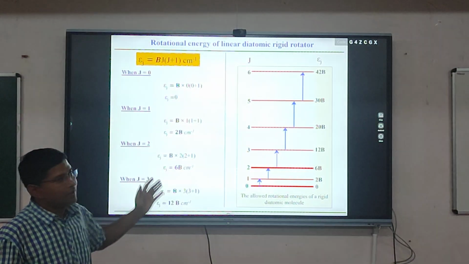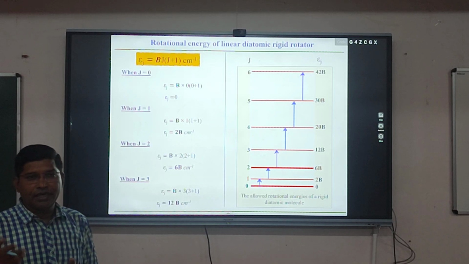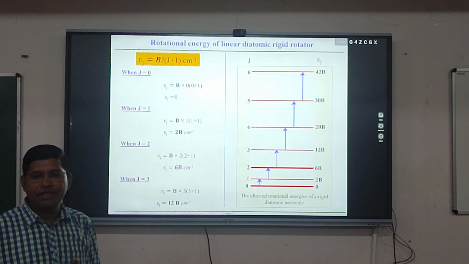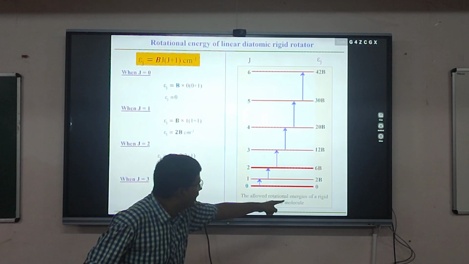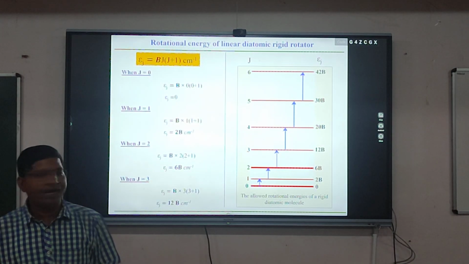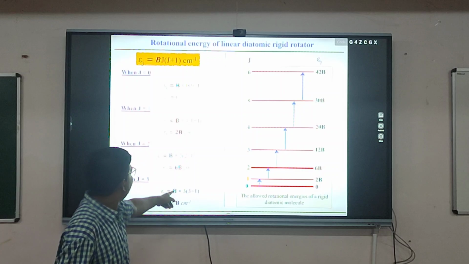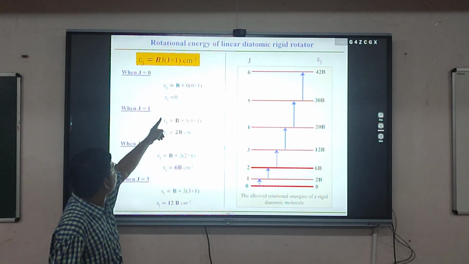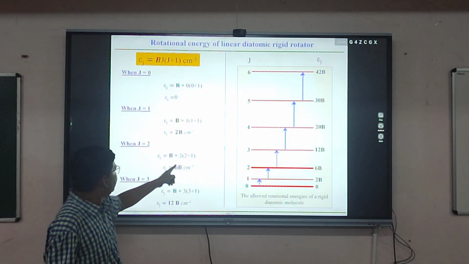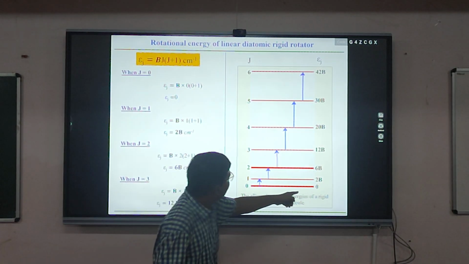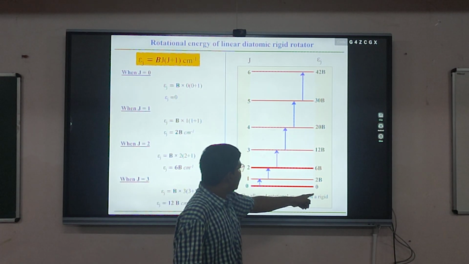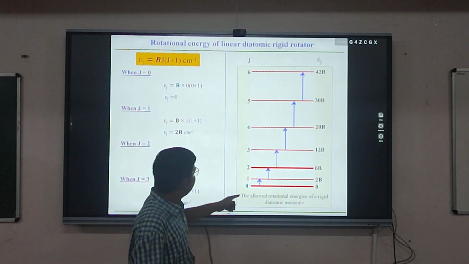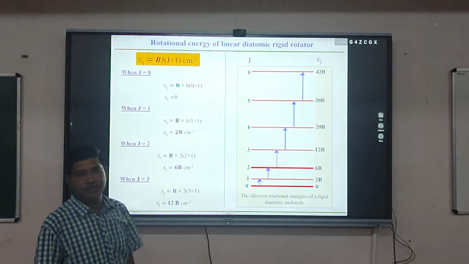Derive the equation for the energy of a rigid rotor diatomic molecule, and also write the allowed rotational energy of a rigid rotor diatomic molecule. So for J equal to 0 that is 0, 2B, 6B, 12B. We put these values of epsilon J with different J values.